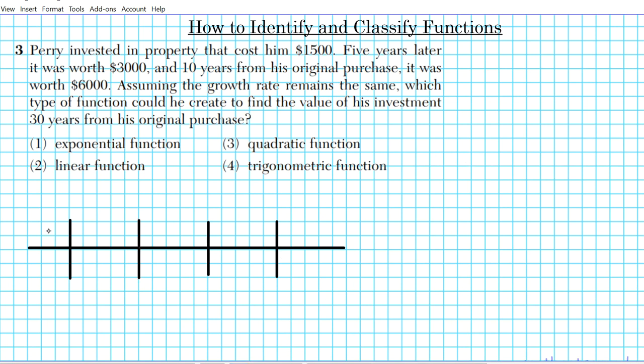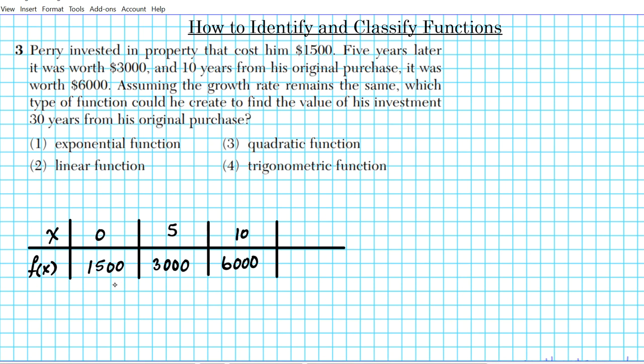All right. So x is the input, f of x is the output. So starting at 0, we have 1500 at the start. And then after 5 years, it was worth 3000. And then after 10, it was worth 6,000. So the question here is, is this repeated addition or is it repeated multiplication?